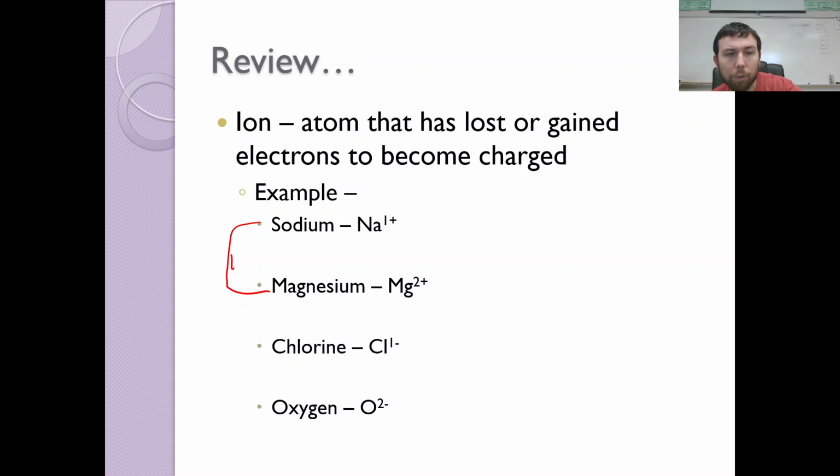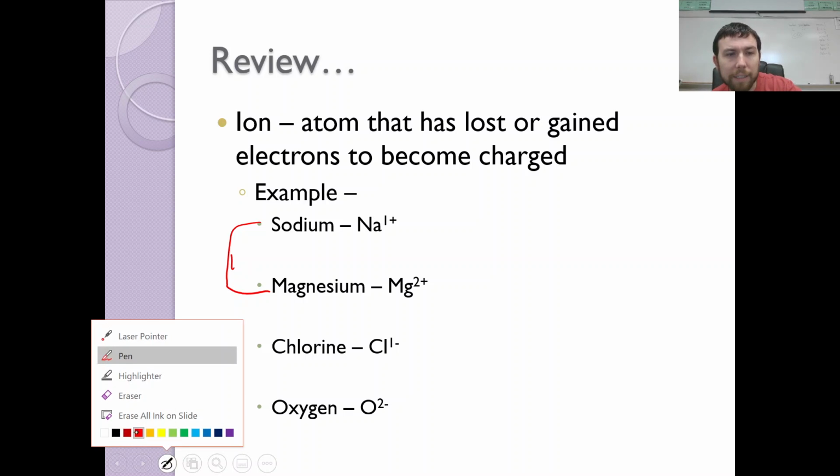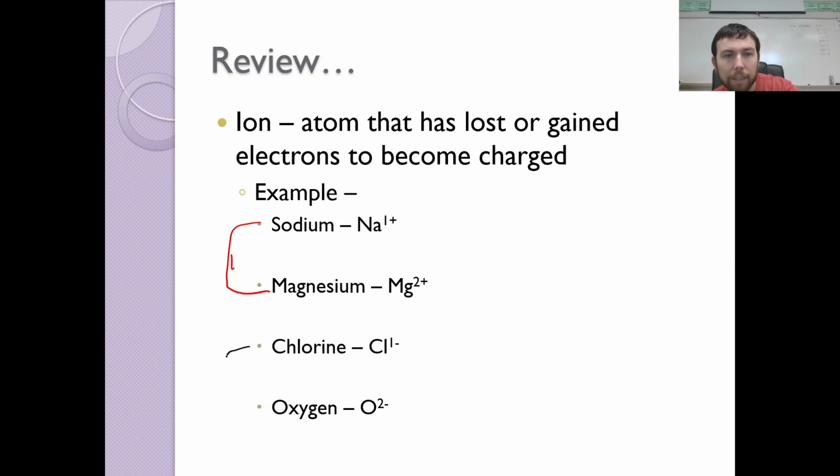Whereas if we look at chlorine and oxygen, we can see that they both have a negative charge, right? Chlorine at -1, oxygen at -2. So that means that chlorine and oxygen gained electrons respectively. And one last vocabulary term, remember, for your positively charged ions like sodium and magnesium, they form what are called cations.